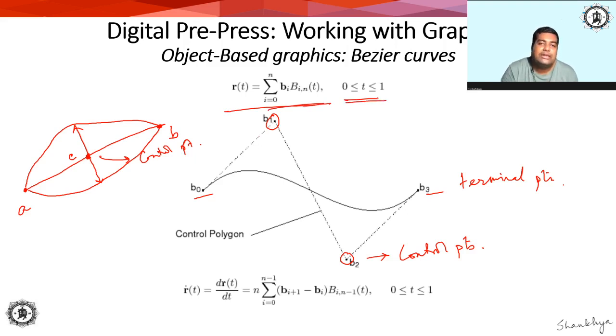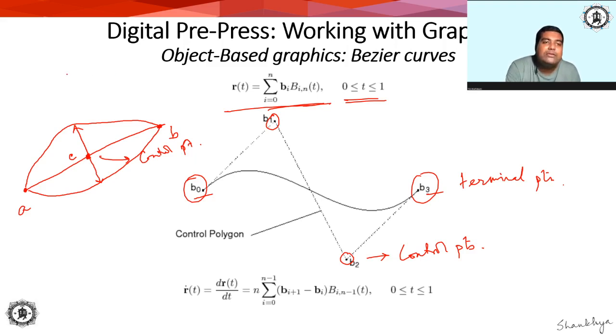These boundary conditions have to be maintained in order to create the terminal points for the curve. But nonetheless, I am not going into the mathematics of it. Let us try to understand one important thing: what is the function of this control point? Without this control point, we cannot manipulate the curve.